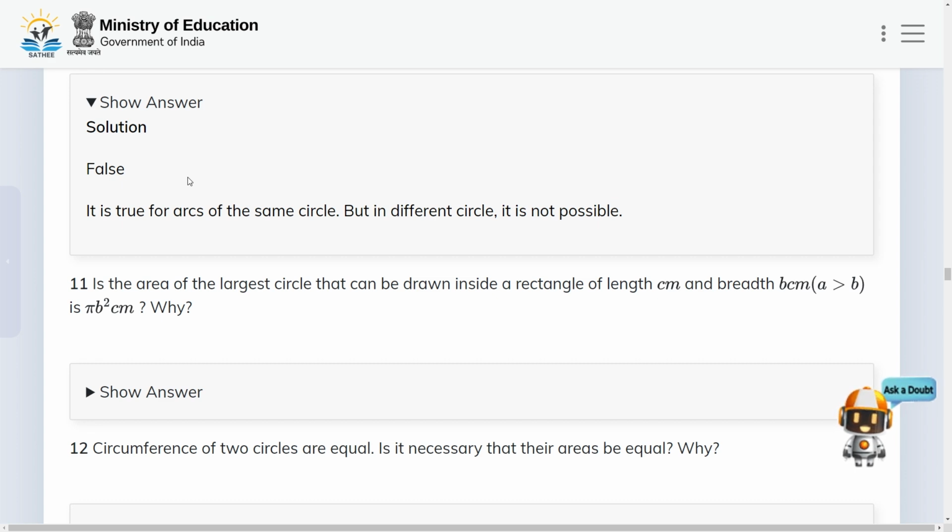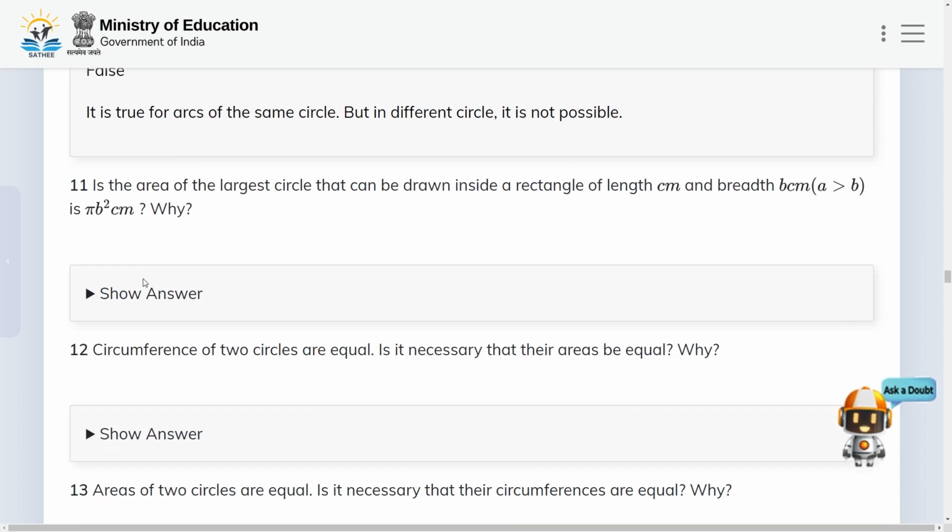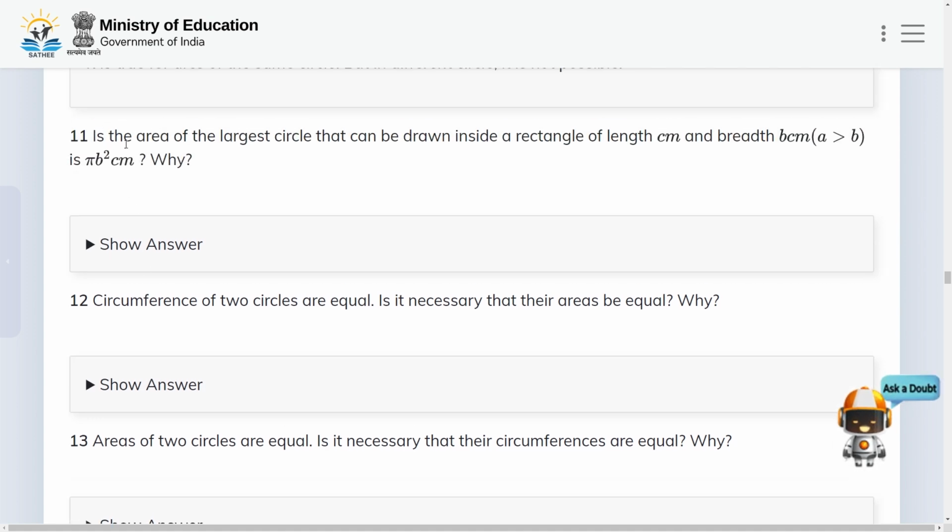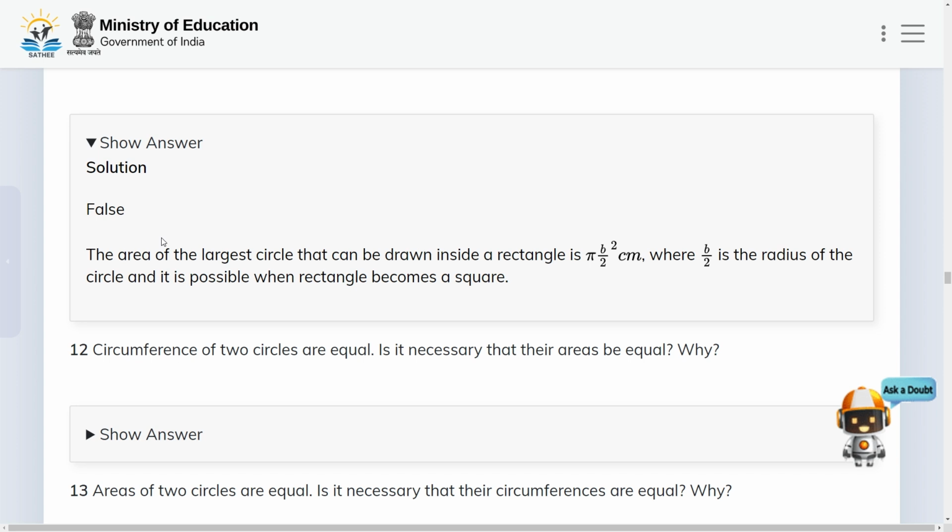Now let us move to question number 11. Here we are asked: is the area of the largest circle that can be drawn inside a rectangle of length a centimeter and breadth b centimeter, where a is greater than b, equal to pi b square by 2 centimeter square?